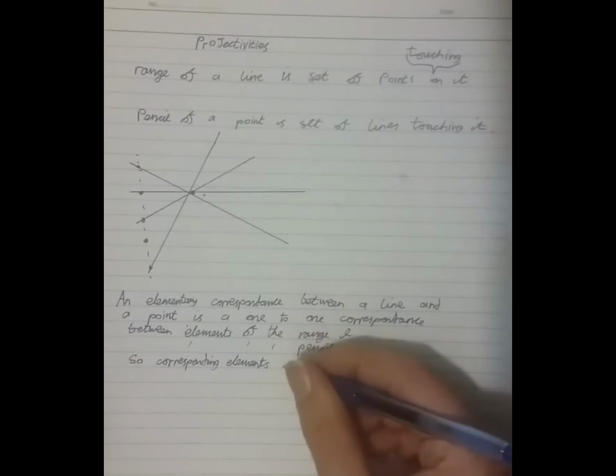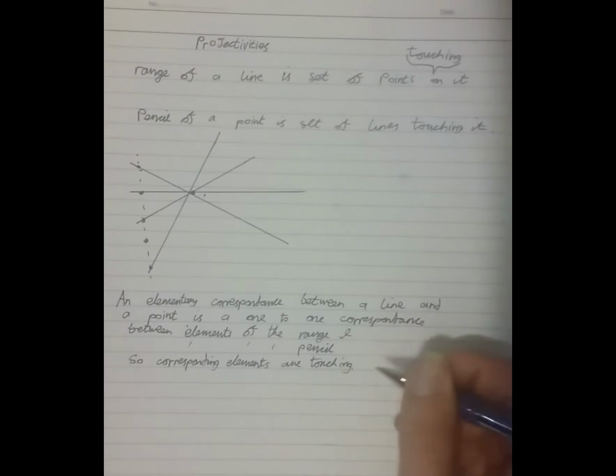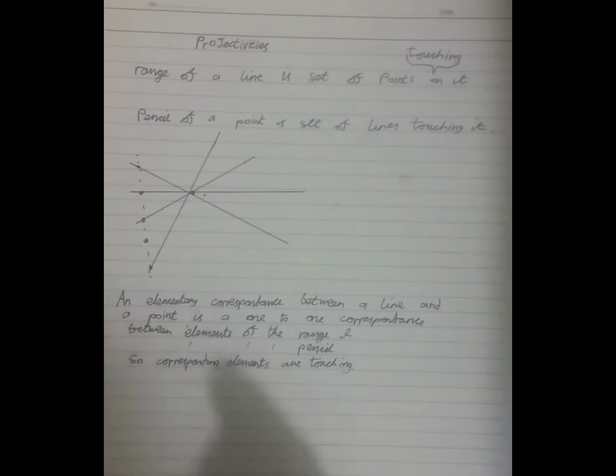So corresponding elements are touching or incident upon one another, as some projective geometers may prefer to say.